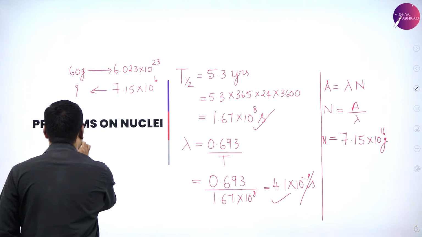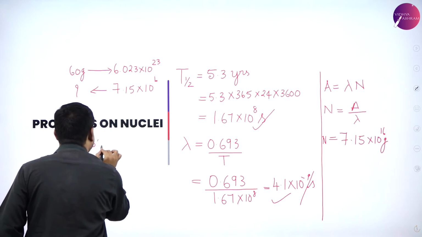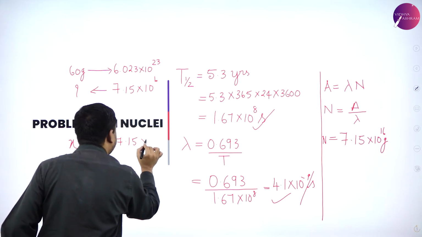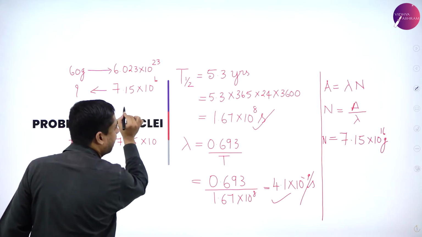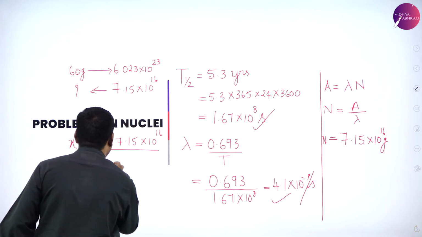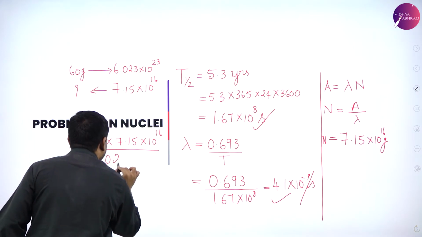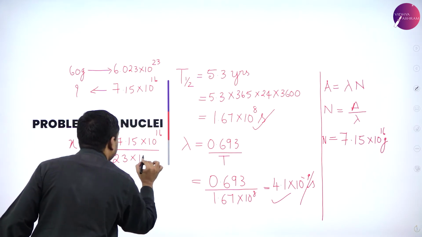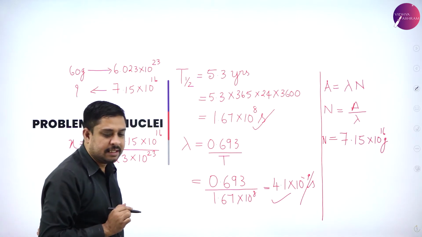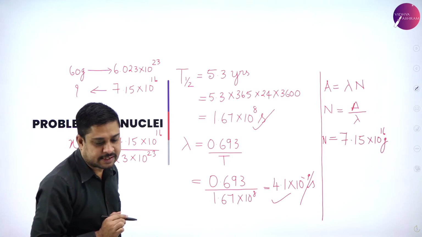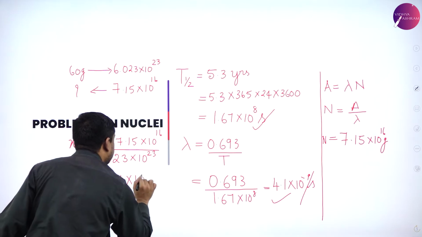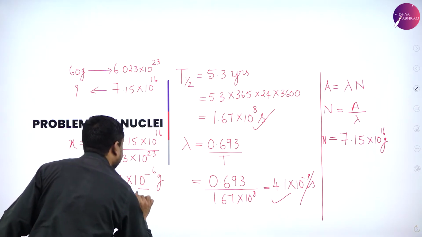So when you simplify, X is 60 into 7.15 into 10 power 16 divided by 6.023 into 10 power 23, and the answer after simplification is 7.1 into 10 power minus 6 grams.